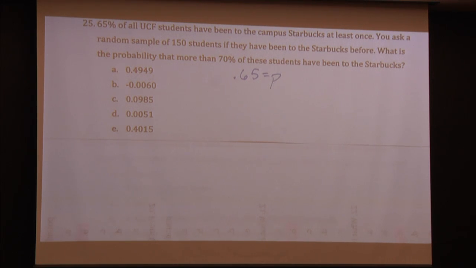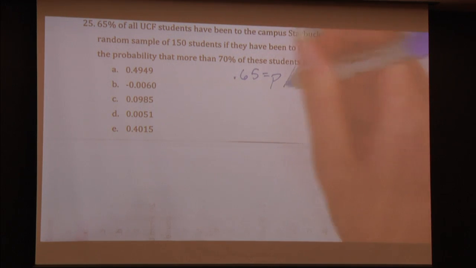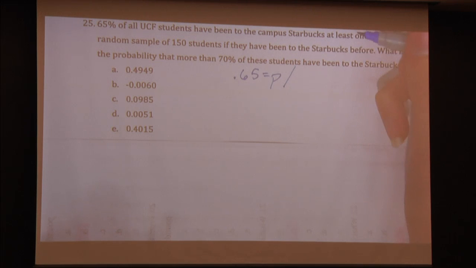There's a p and a p hat, p tilde. Which one of these is this? Is this just straight up p or is there a modifier? So why do you say p hat? Is 0.65 the sample or the population? So here the population. So what about p hat in this case?